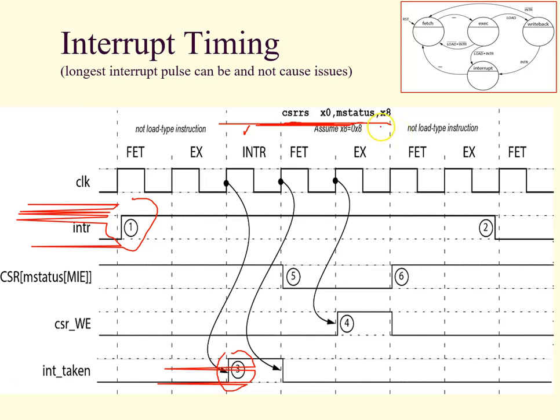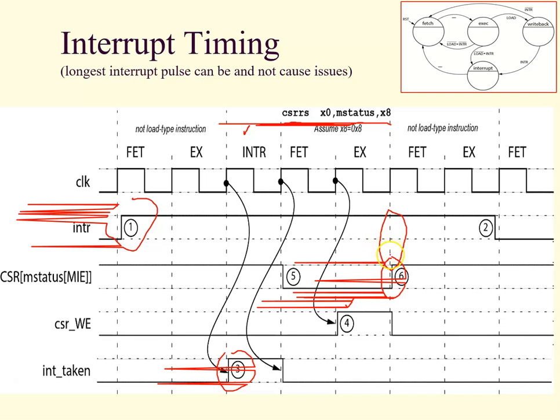I'm writing the CSR unit, and this is the interrupt enable. It's not until after the execute cycle of this instruction that the interrupts actually turn on. So if the interrupts are still disabled right here, which they are, it's not going to be caught, because the interrupts are disabled until the end of the execute cycle of that instruction.